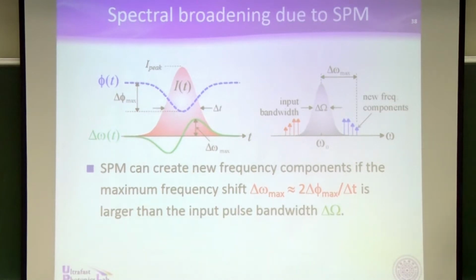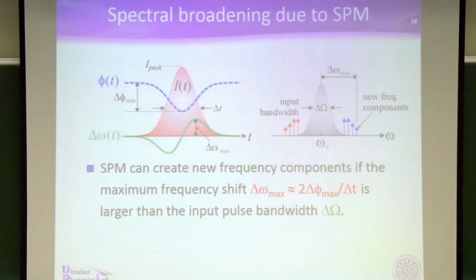And as in the previous slide, the green curve represents the instantaneous frequency shift due to the nonlinear phase modulation. And I also designate the maximum frequency shift. Okay? Here is 0, meaning the local frequency is the same as the carrier frequency, no frequency shift. And here you get the maximum frequency shift.